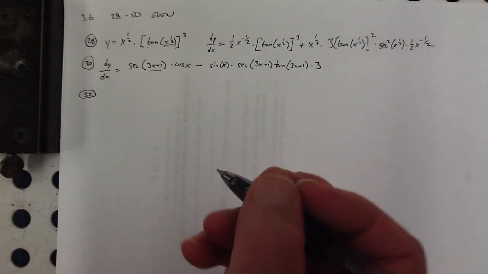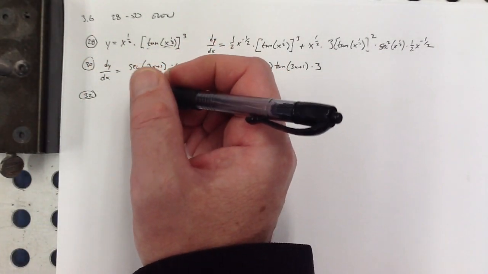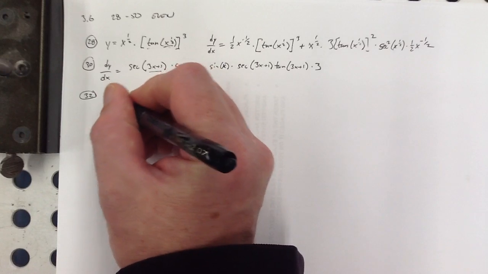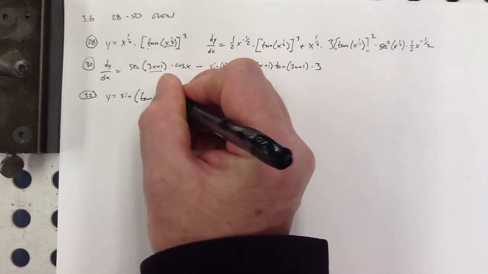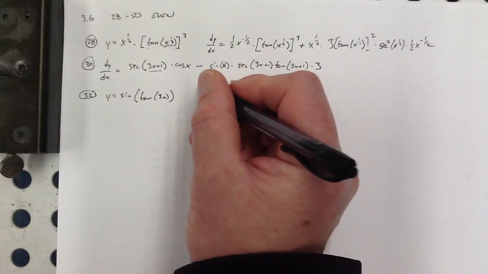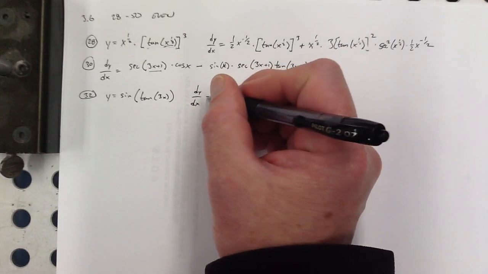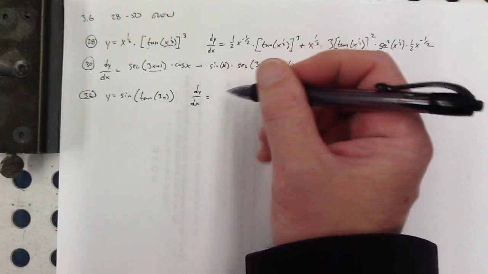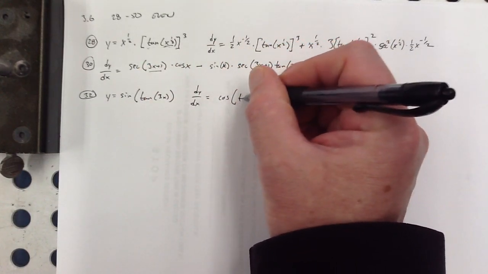How about the sine of tangent of 3x? They didn't put that tangent of 3x in parentheses, but I would write that. So I'm just going to do a little rewrite for you here, so we can see the two layers and know what to expect. All right, so the derivative of sine of whatever is the cosine of whatever.